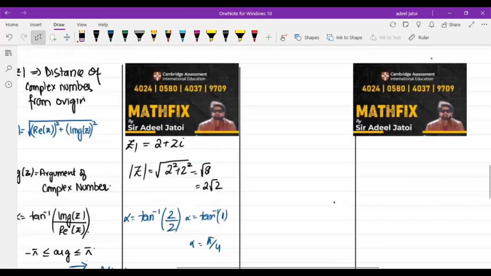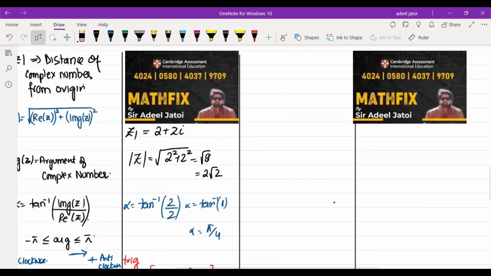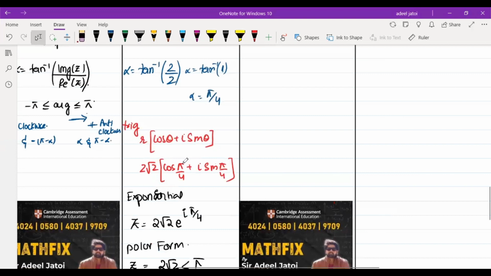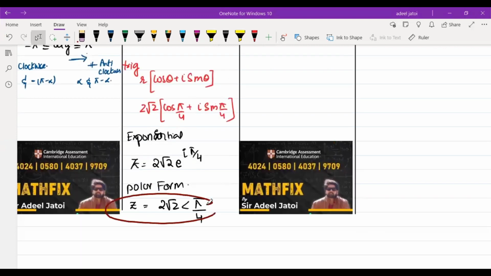So the Cartesian form was 2 plus 2 iota. Your trigonometric form was 2 under root 2 cos pi upon 4 plus iota sine pi upon 4. Then your exponential form was 2 under root 2 e with iota pi upon 4 in the power. And lastly, the polar form.